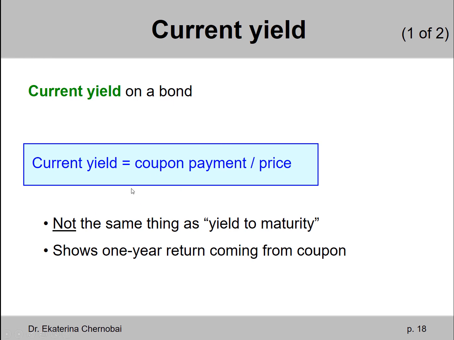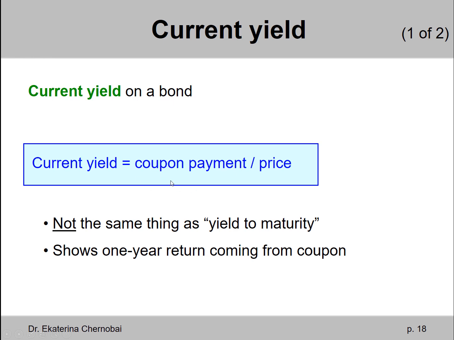So to calculate the current yield, you take the coupon payment, which is the money you will get between now and the end of the first year, and you divide it by the price of the bond that you paid today. So this becomes the first year return on your money.